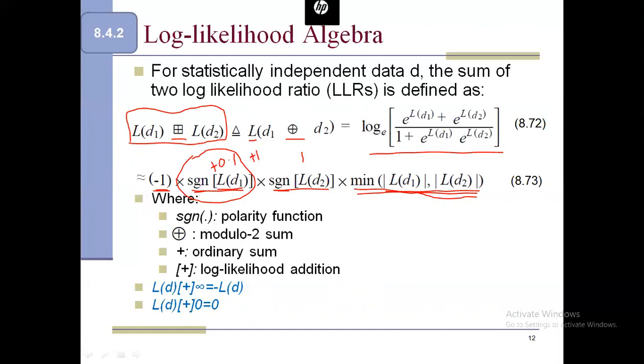Another log likelihood algebra rule is that if you sum up a very high value, it returns minus L of t.